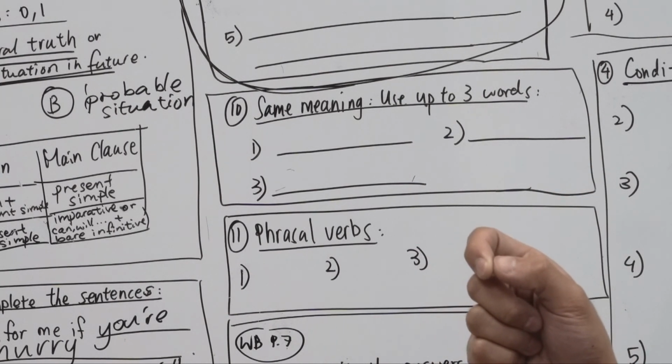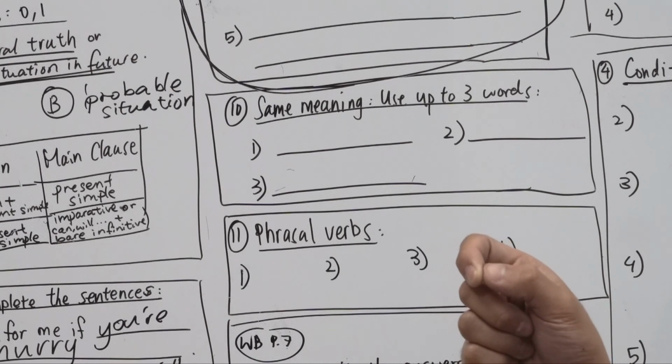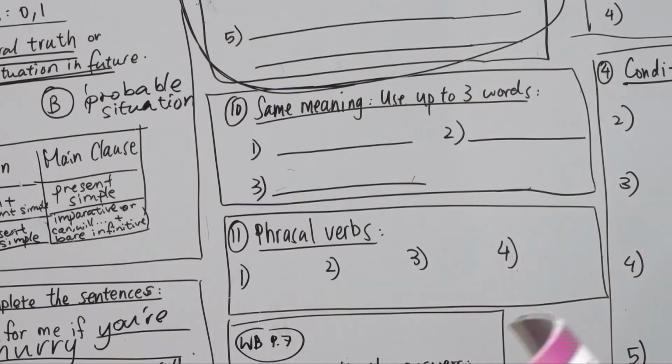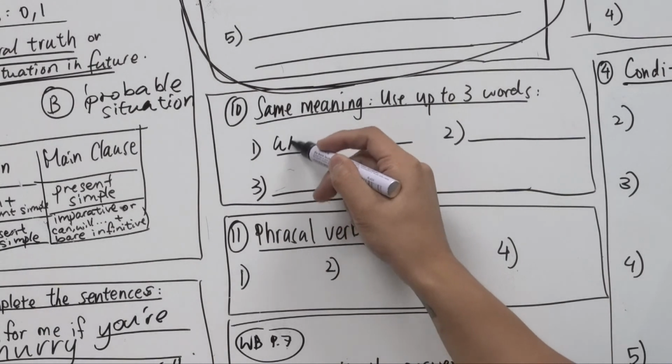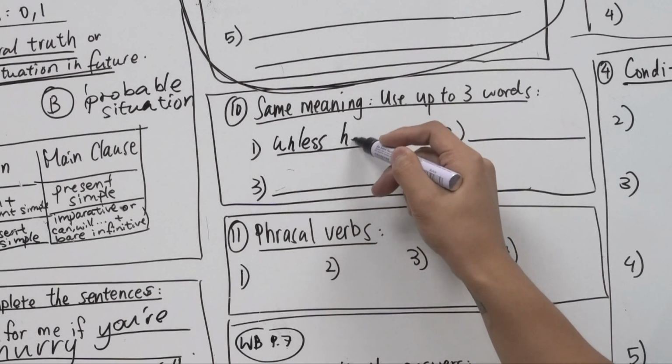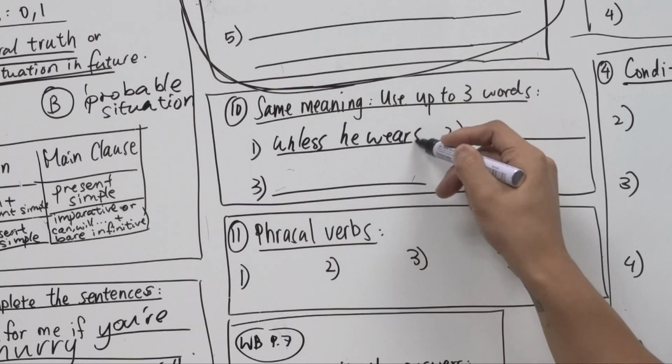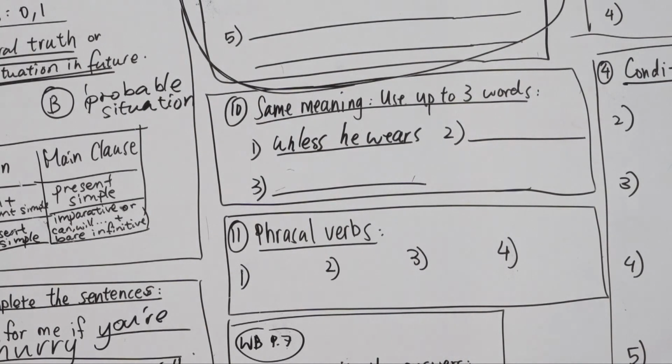Unless he wears his glasses. Right, unless he wears. So unless he wears. Can we say if? He can't see if he wears his glasses? No, right? Because if you wear your glasses, then you can see. So if does not work here.